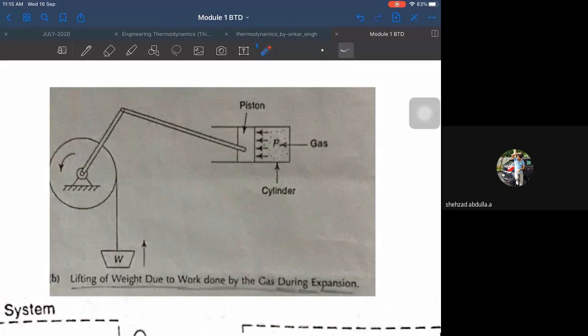Yes, sir. Thermodynamic definition of work. I don't remember, sir. At least you have notes in front of you. You can just read it, right?